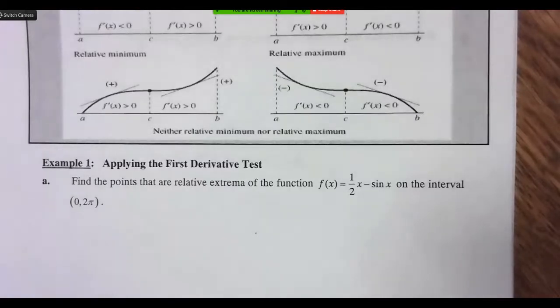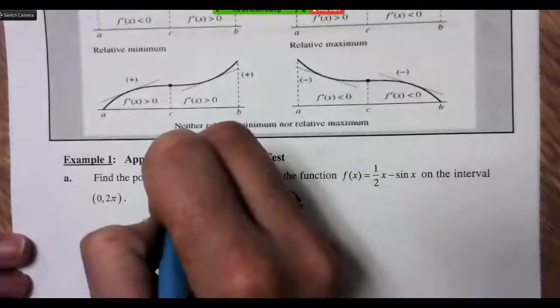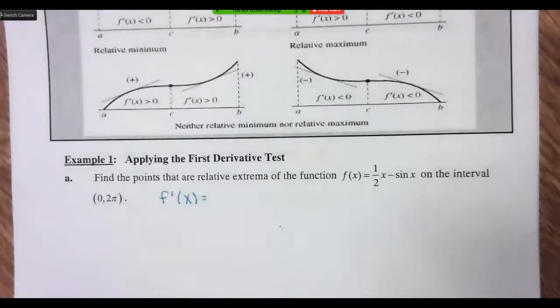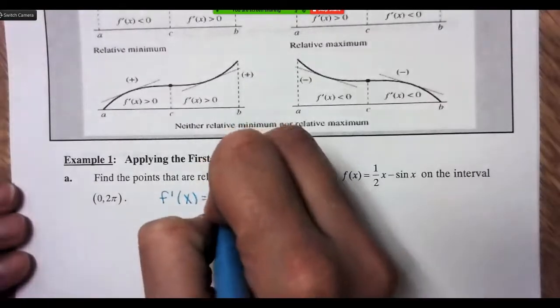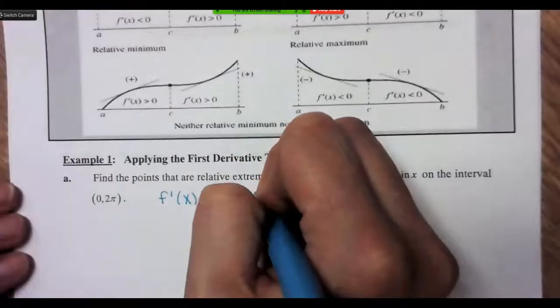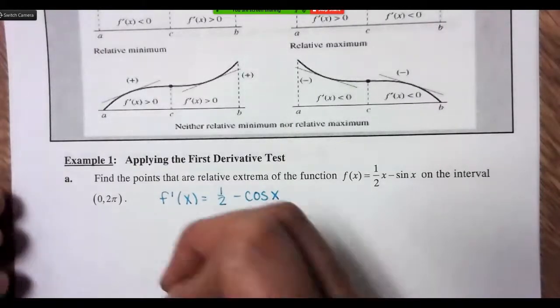That's important. In order to find our relative extrema, a relative extrema can only occur at a critical point. So we have to find the critical points for our extrema. That means we need to find the derivative. And then the critical points occur where the derivative is 0 or does not exist.